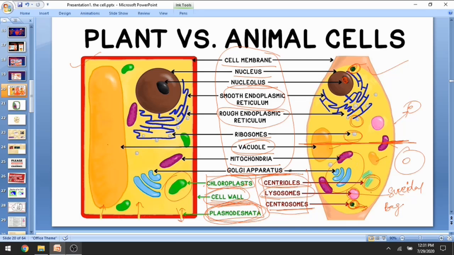But still, animal cells have some other features like lysosome and centrosome, which are absent in plant cells. So these are the basic diagrams. If you are asked in the exam to explain the diagram of animal and plant cells with their distinguishing features, you can present this entire diagram.